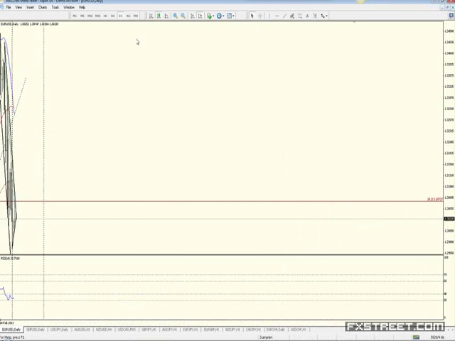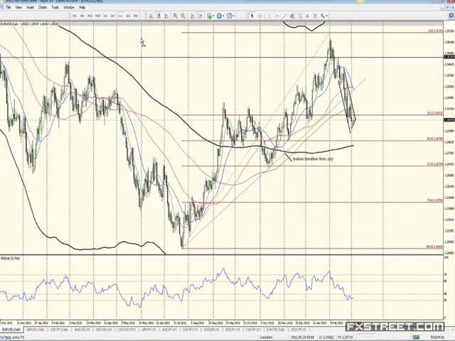And when looking at the daily chart, to answer your question, Carlos, will it get to 1.2875? I believe it can. I think that is the next target. Even before the ECB, I think the market can get to that level.